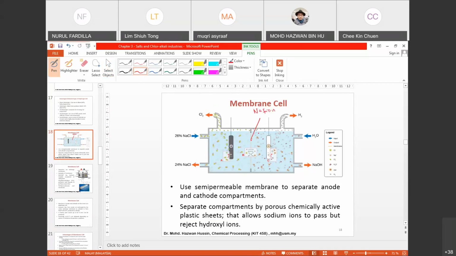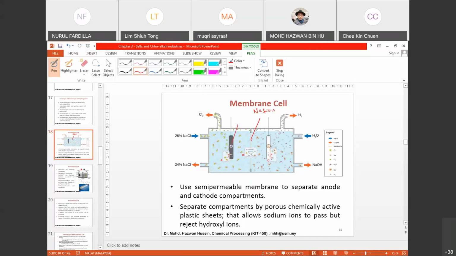Nafion is one of the most well-known conducting polymers, used in most of the chlor-alkali or energy industries. Here, you can still see that the amount of brine used is not that concentrated, maybe just moderate. 26% brine will be pumped in.